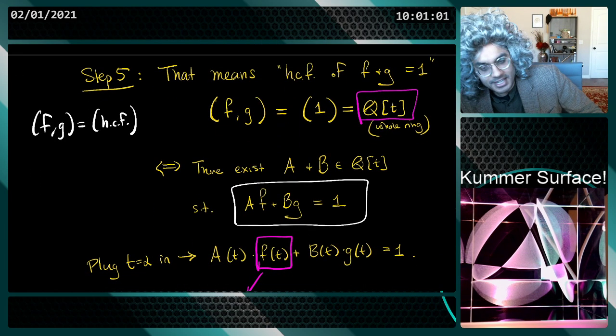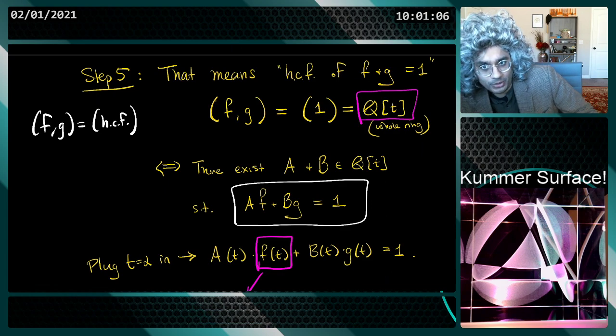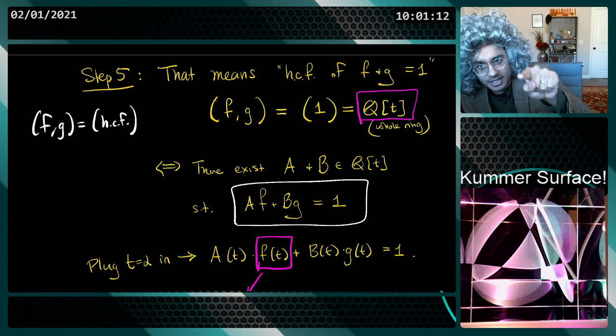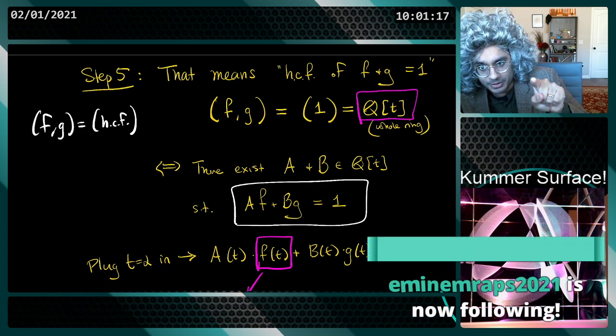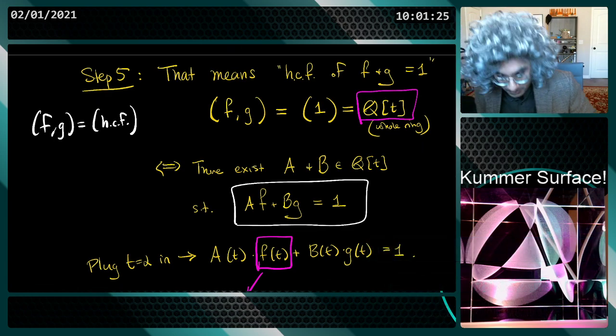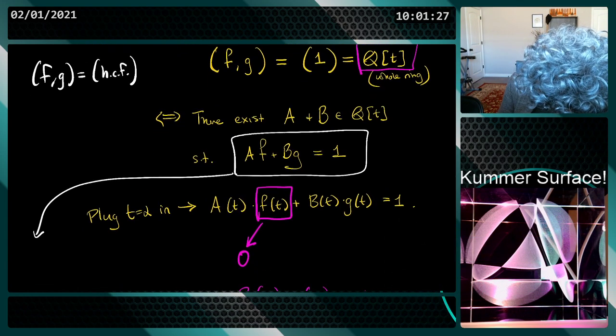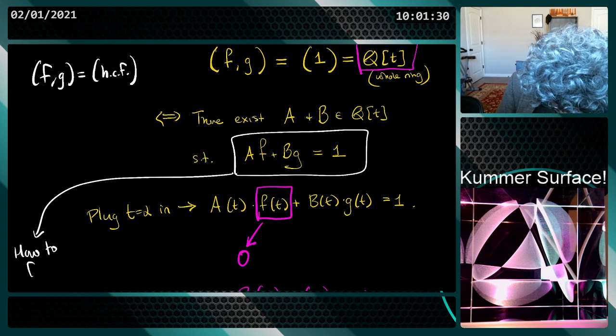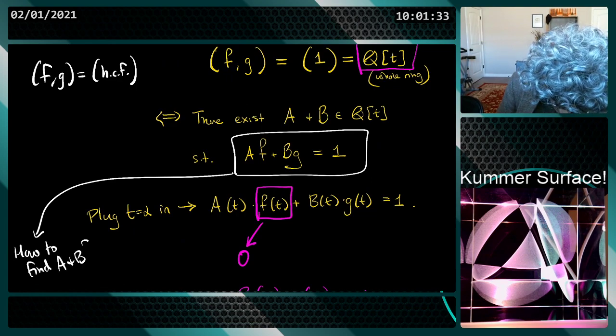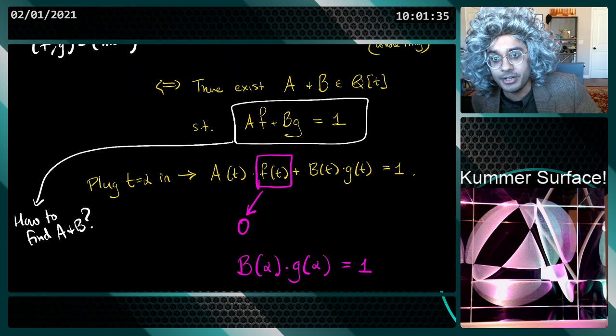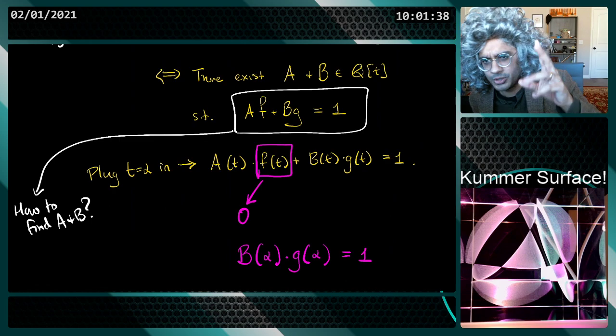The problem, though, is that it would be nice if we knew how to compute the inverse of an element. But actually, in this discussion surrounding it, there's a thing called the Euclidean algorithm, which will actually help you find that capital A and the capital B that make this identity true. So one question you can ask is how to find A and B. And for that, I want you to go read in chapter 2 or 3.